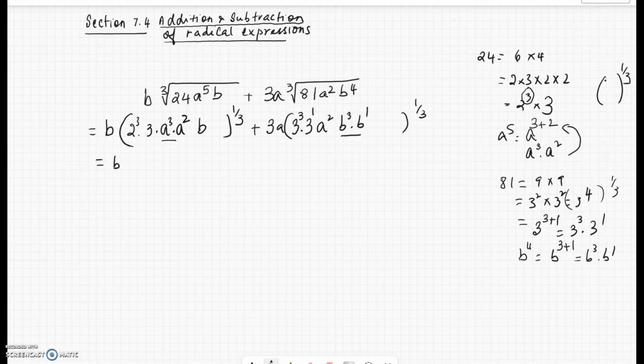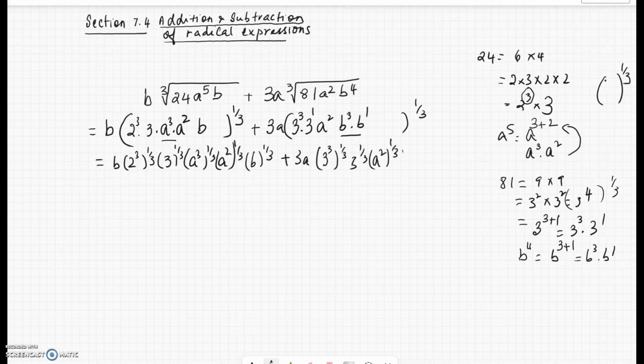Now we have 2 to the 3rd to the 1/3, 3 to the 1/3, a cubed to the 1/3, a squared to the 1/3. Everything gets a 1/3 as an exponent, and b to the 1/3 plus 3a, 3 cubed to the 1/3, 3 to the 1/3, a squared to the 1/3, b cubed to the 1/3, b to the 1/3.